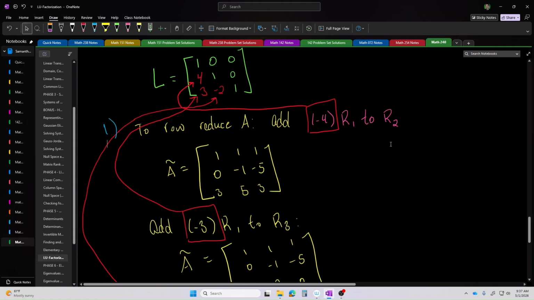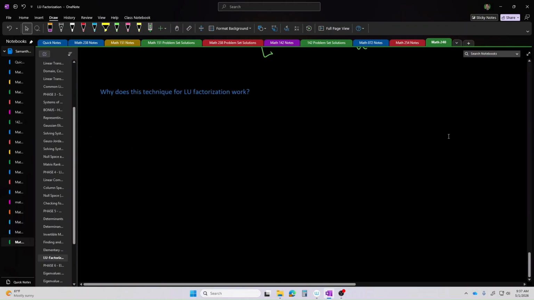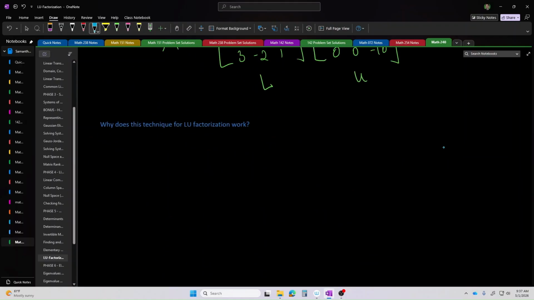In step number 1, we performed the action of adding negative 4 copies of row number 1 to row number 2. This action, represented as an elementary matrix, would be to do that same operation to the identity and push a negative 4 into this position in row 2, column 1.